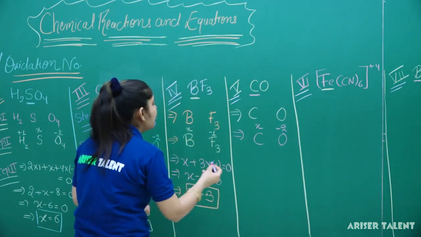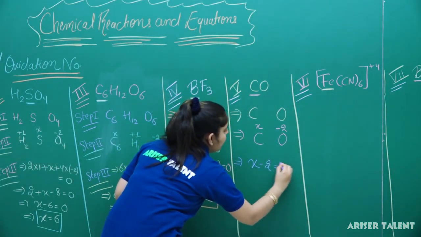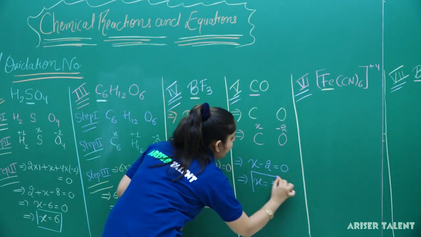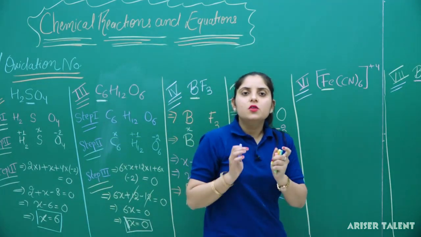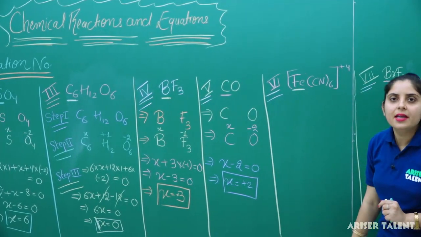Now in our third step, X minus 2 equal to 0, X is equal to plus 2. It means the oxidation state of carbon in case of carbon monoxide will be plus 2. So plus 2 will be the correct answer here.